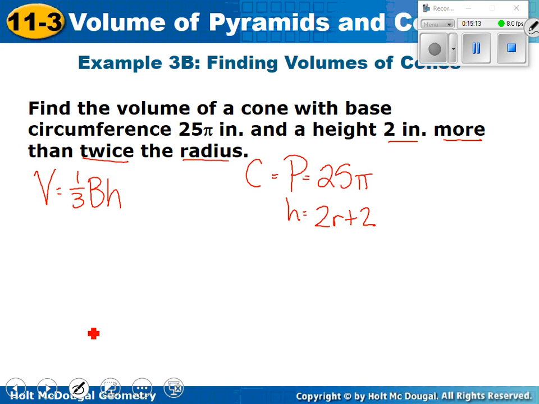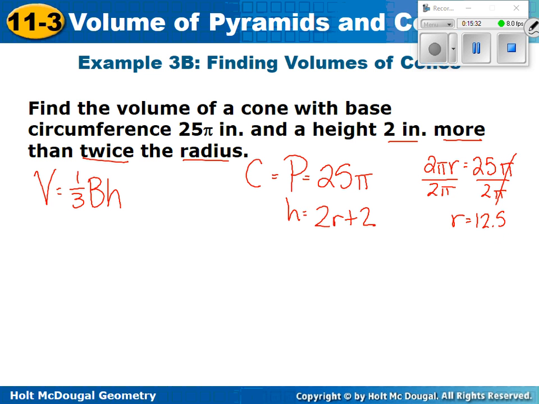Exactly. So we're going to take our circumference formula, 2 pi r, set it equal to 25 pi. What will we do to solve for r? Divide by 2 pi. So what is r? 12.5. Once we know r, we should be able to find the height. So let's plug that 12.5 in for r.